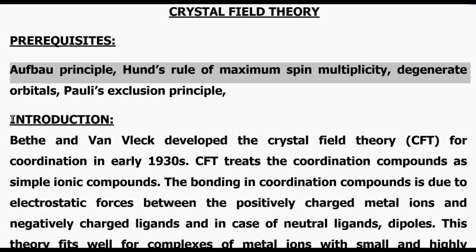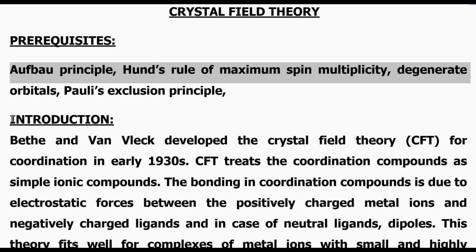Then you should also recall Hund's rule of maximum spin multiplicity. Hund's rule says that the electrons in degenerate orbitals should be arranged in such a way that the spin multiplicity is maximum, which means that, say, if you have 3 degenerate orbitals and 3 electrons, then you have to put 1 electron in each orbital.